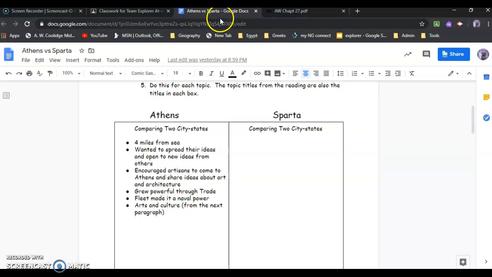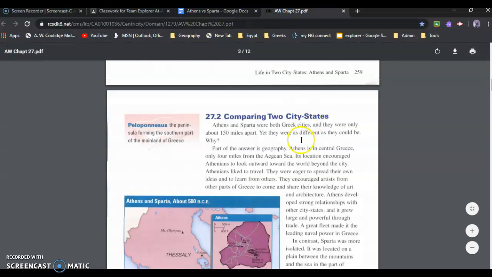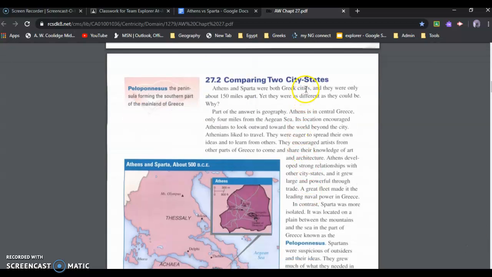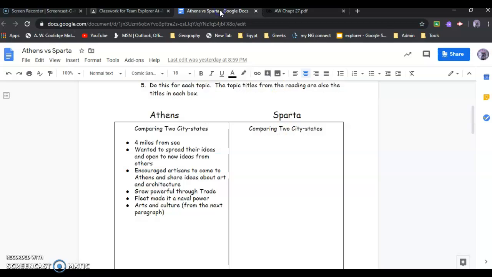I want you to start by reading this section about Athens. This section is about both Athens and Sparta, but start by reading the part about Athens and compare what you read to my notes. That will give you an idea of what could be looked at as sufficient notes.